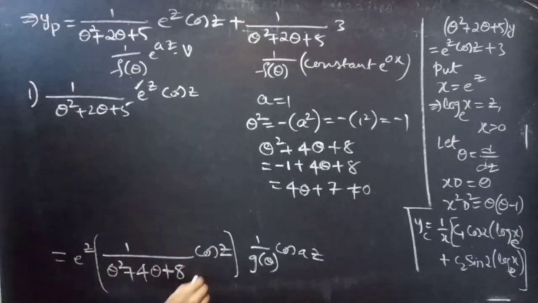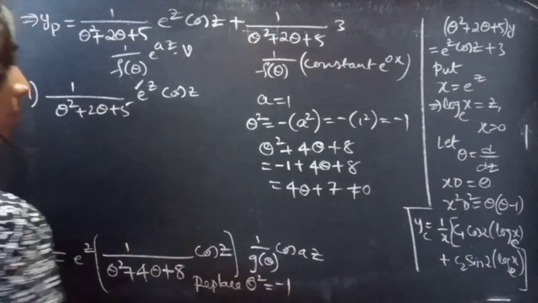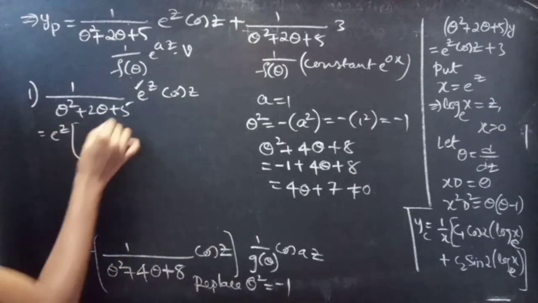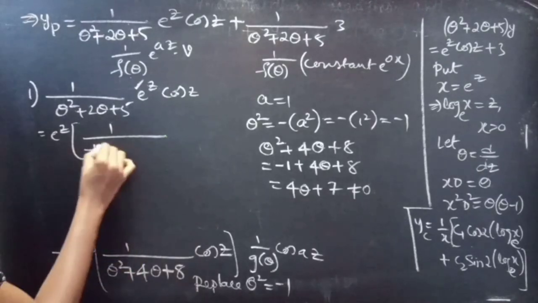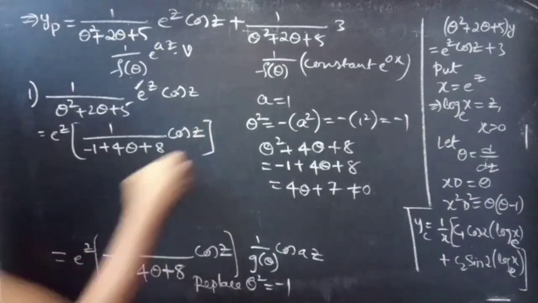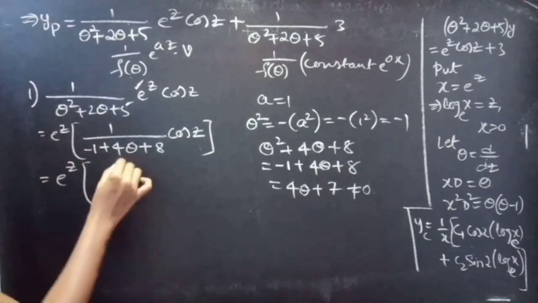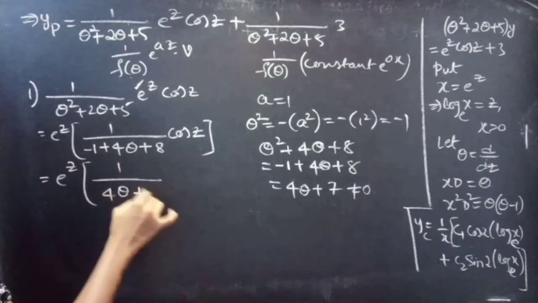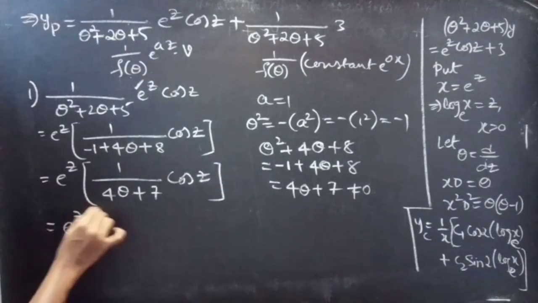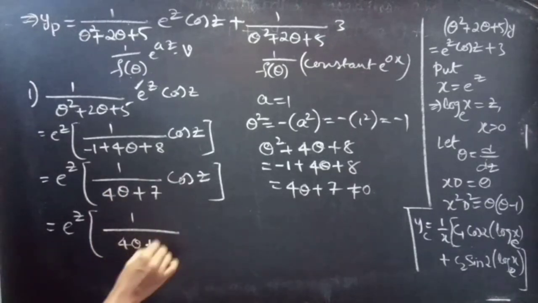Now, replace theta square by minus 1. And this becomes e power z into 1 by minus 1 plus 4 theta plus 8 into cos z, which equals e power z into 1 by 4 theta plus 7 into cos z. See, in the denominator we have 4 theta plus 7, right?